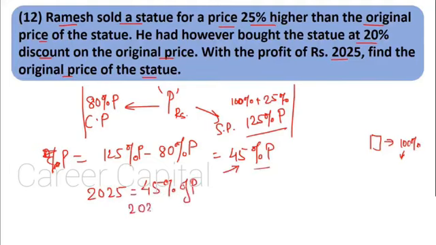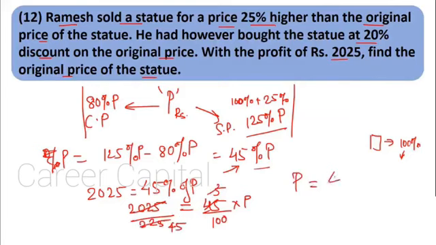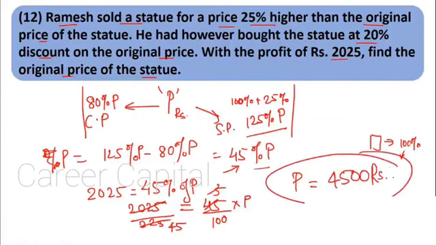What do we get? 2025 equals 45 upon 100 multiplied by P. So P would be equal to 2025 times 100 divided by 45, which is 4,500 rupees. This is the original price of the statue.